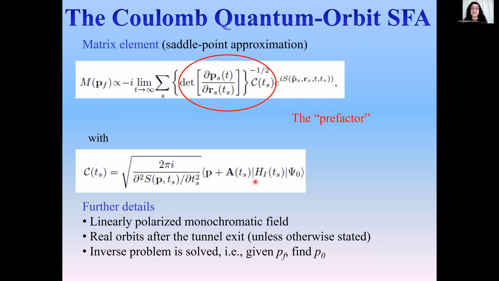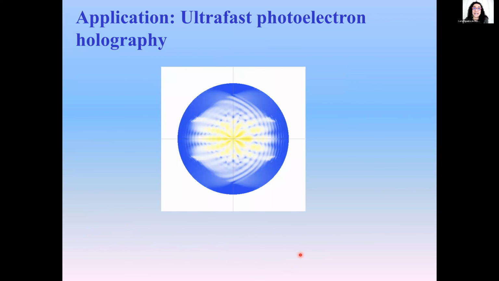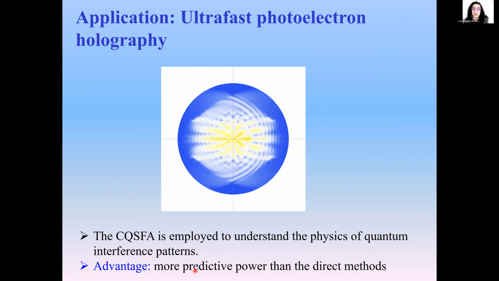We are going to have actually, for each point in the final momentum that we want to compute, 4 trajectories, which means that you need much fewer, like orders of magnitude less. And this is also useful because you can switch things on and off. So that's why we decided to use this to understand the physics of quantum interference patterns in photoelectron holography, because we can switch things on and off.